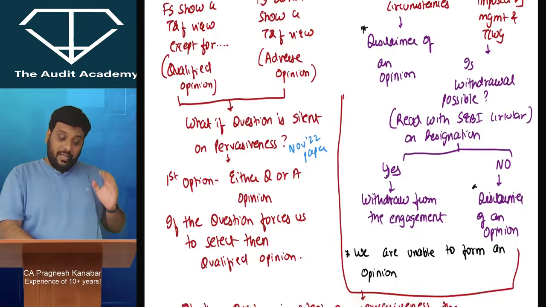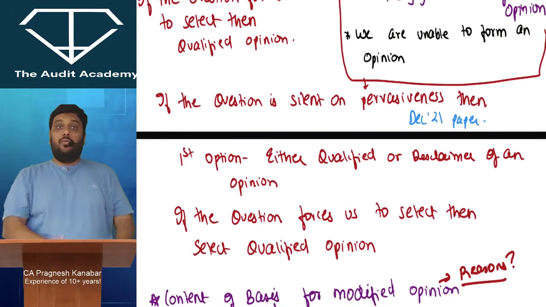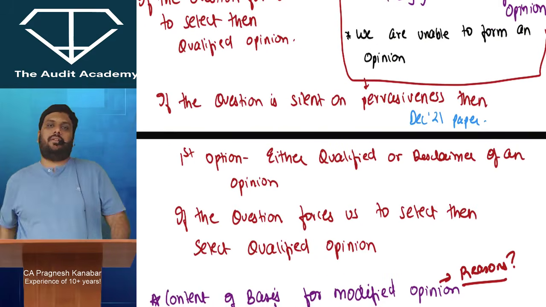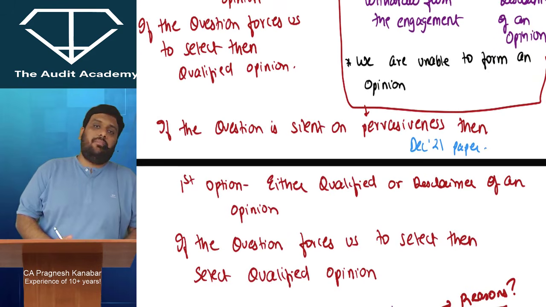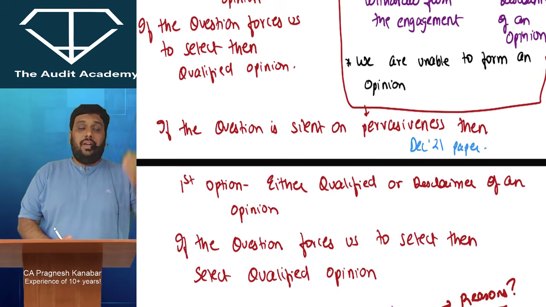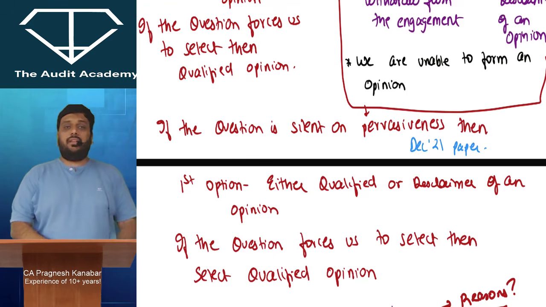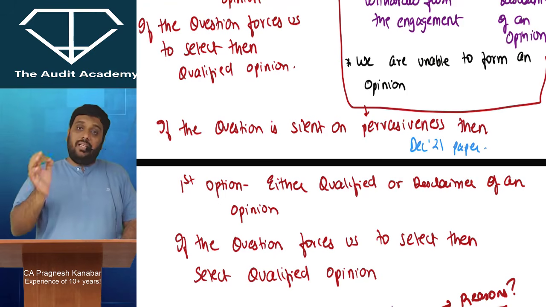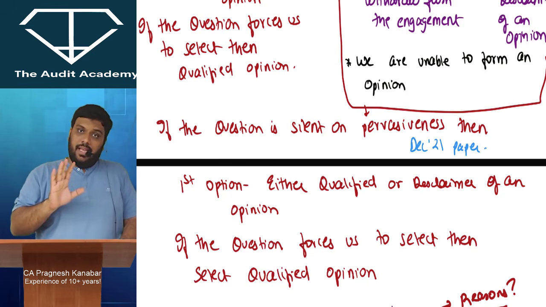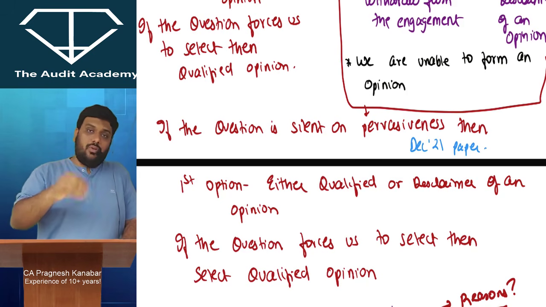But listen to me very carefully. What happened in December 21 paper? In December 21 paper, they gave a case study where company has given a loan to someone and the company is not able to produce the evidence in front of you.